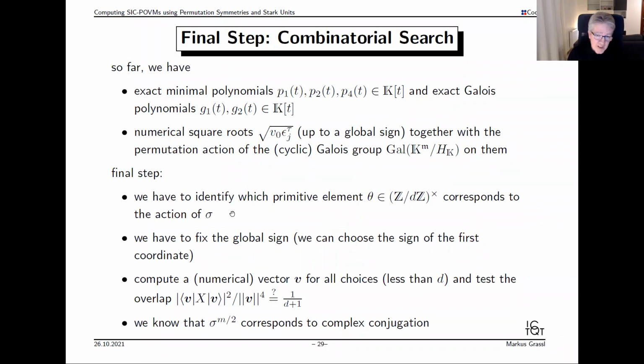But the problem is we have to identify a correspondence, so we have to test which of the primitive elements does the job. And we have just the two possibilities to choose the sign. So far, we cannot do better than testing all the possibilities, which are in the end less than d of them. And we compute just one overlap.